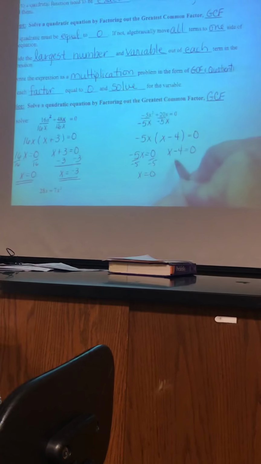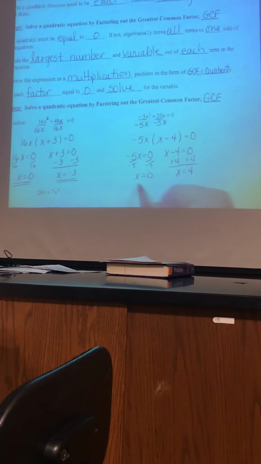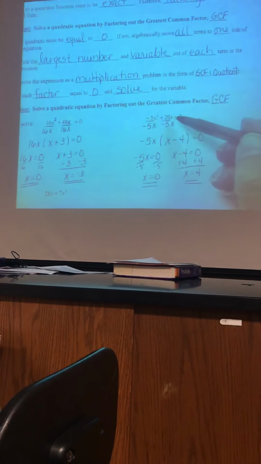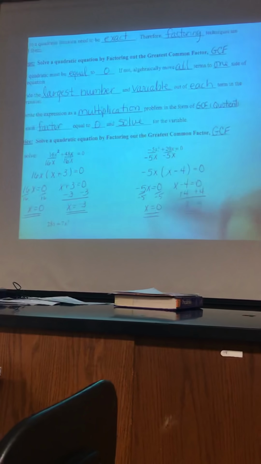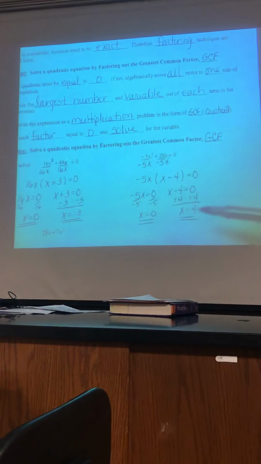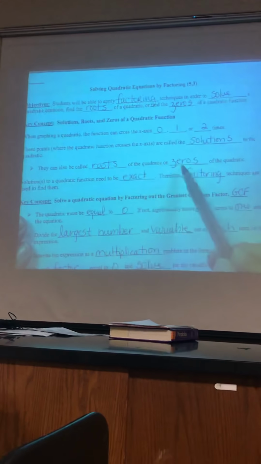And on the other factor, I'm going to add 4. These two numbers are where this quadratic crosses the x-axis. These are the solutions to this quadratic. These are the intercepts. These are the roots. These are the zeros. Remember, these three words all mean the same thing.